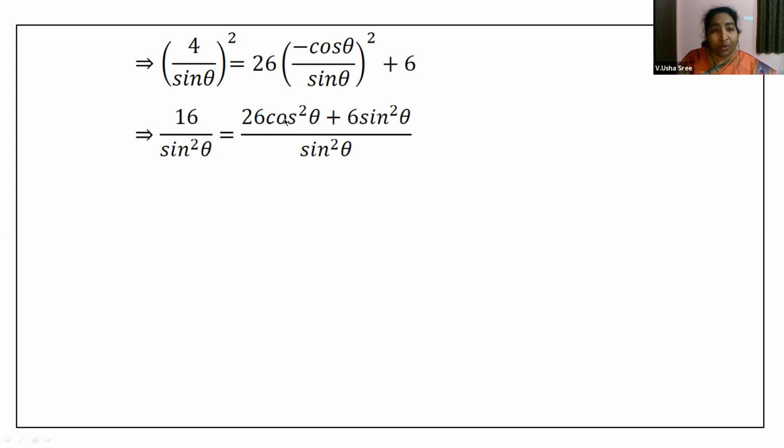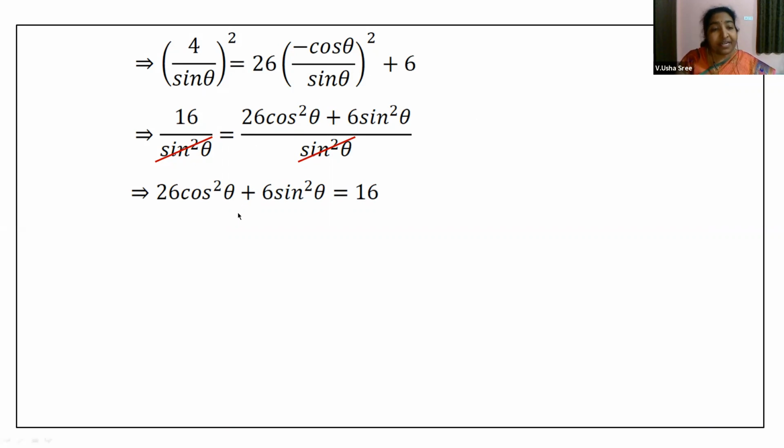This is equal to 26 cos square theta plus 6 sin square theta by sin square theta, by taking LCM. Then sin square theta in the denominators on either side gets cancelled. Then you will have 26 cos square theta plus 6 sin square theta is equal to 16.